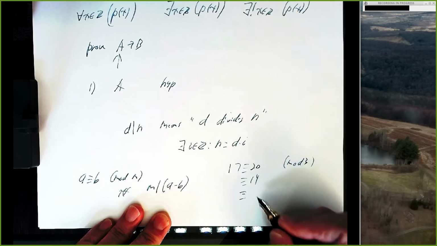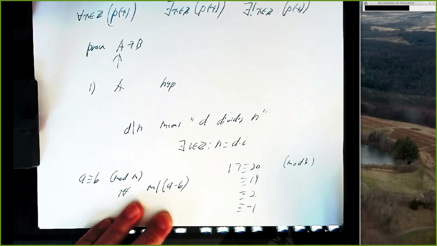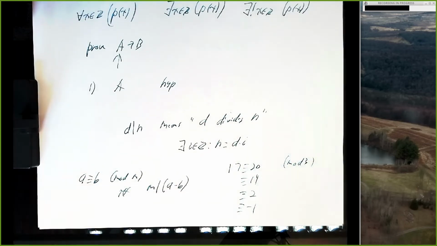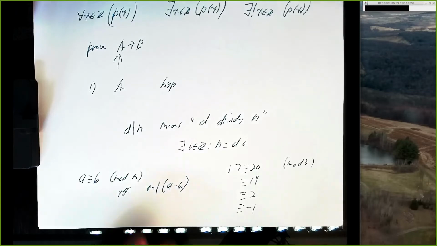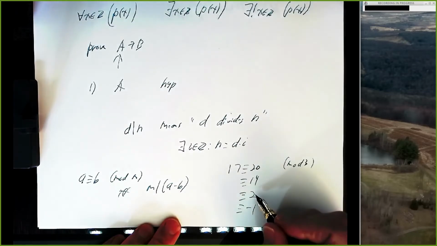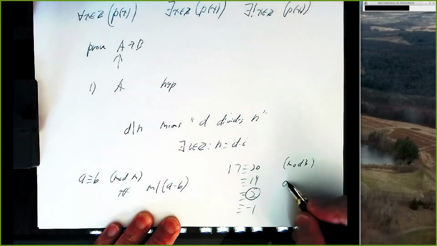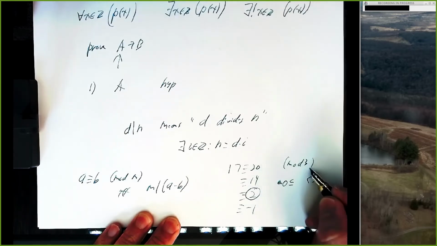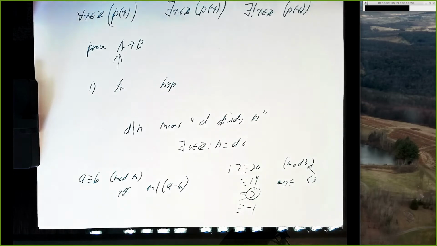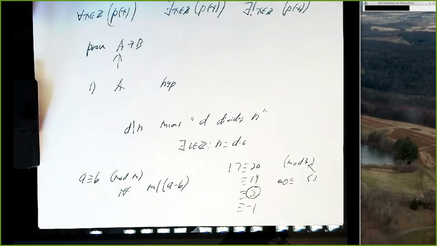It's congruent to 2. It's congruent to -1. There are many numbers whose difference from 17 is a multiple of 3. The division algorithm says there's exactly one such number that's bigger than or equal to 0 and less than the modulus 3. In this case, it's the number 2.